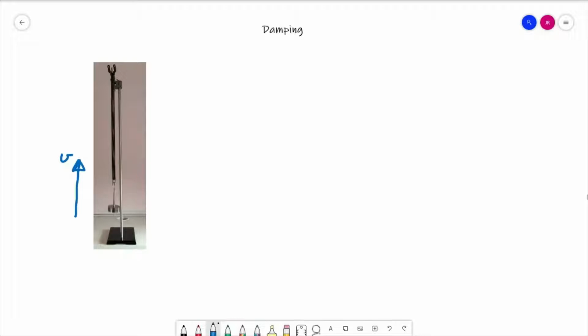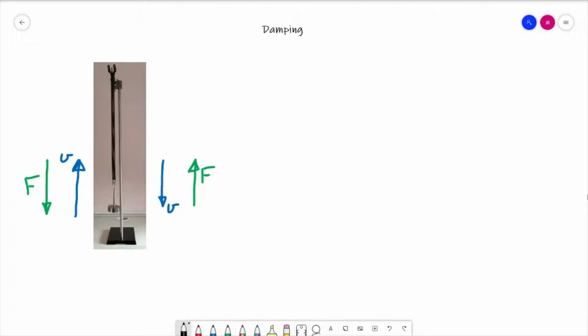We're only interested at the moment in the direction of the velocity. When it was moving up, the force would have been acting down, in the opposite direction. And conversely, when the system was moving down, the resistive force would have been acting up, in the opposite direction.